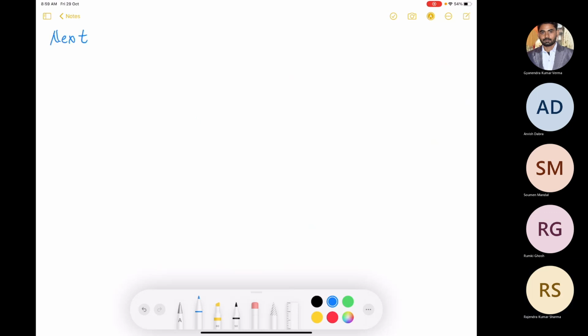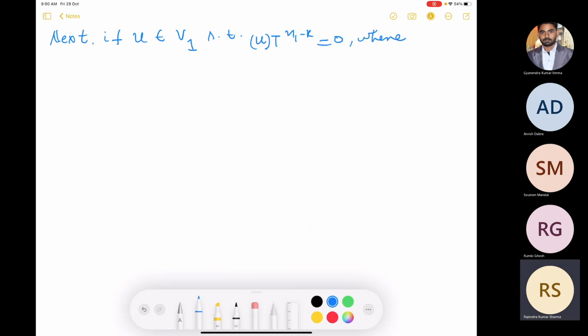So next, if u is an element in V1 and is such that u t^(n1-k) is 0, where this k is less or equal to n1, then u is u naught t power k for some u naught in V1.